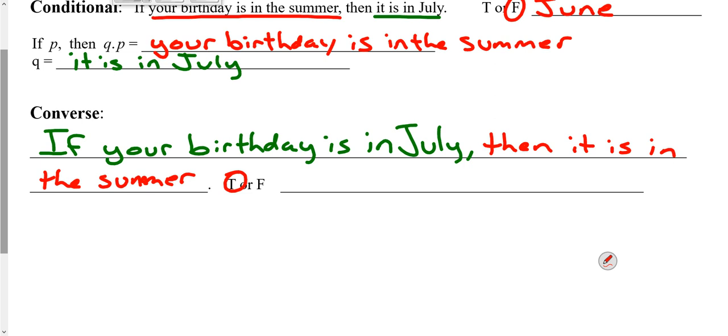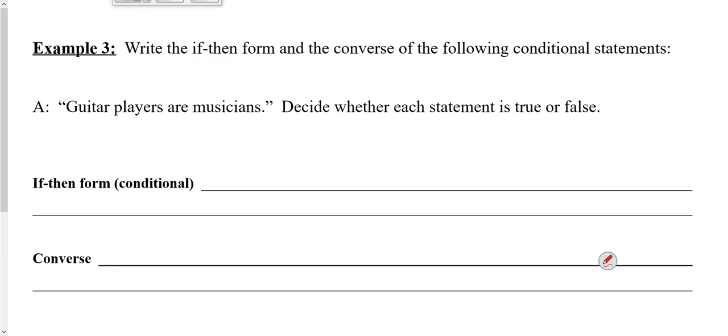Okay, so let's look at our next example. We need to write the if-then form and the converse of the following conditional statements. So our first statement, A, guitar players are musicians. So we need to decide whether each statement is true or false.